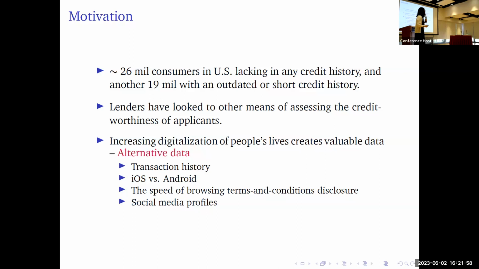That is one type of alternative data. The other type is as we go to fintech lenders, they may assess creditworthiness based on the phone brand you are using, whether you use iPhones or Android, with research showing that people who use iPhones are more creditworthy.